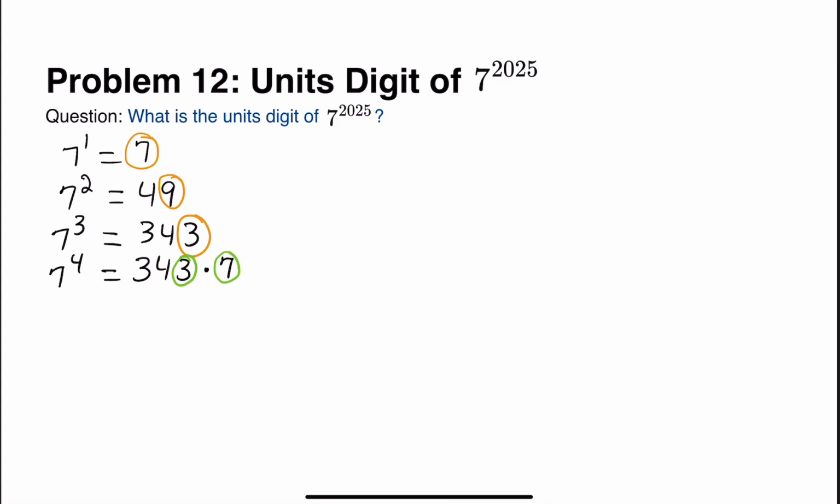All you have to do is focus on the units digit, really. So 3 times 7 is 21. What is the units digit in 21? It is 1. That means 7 raised to the 4th power has a units digit of 1.